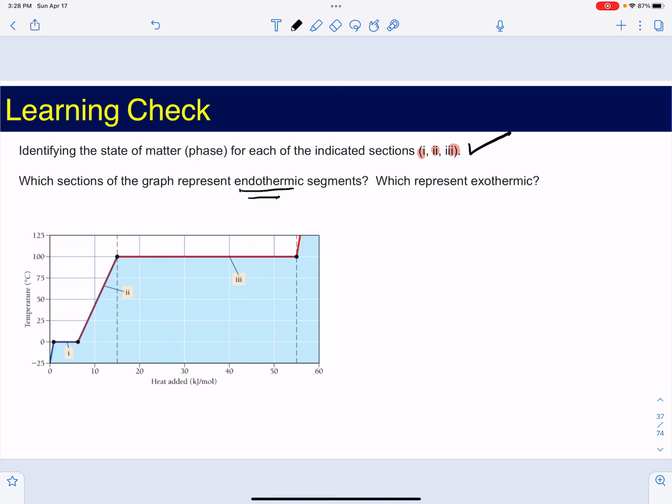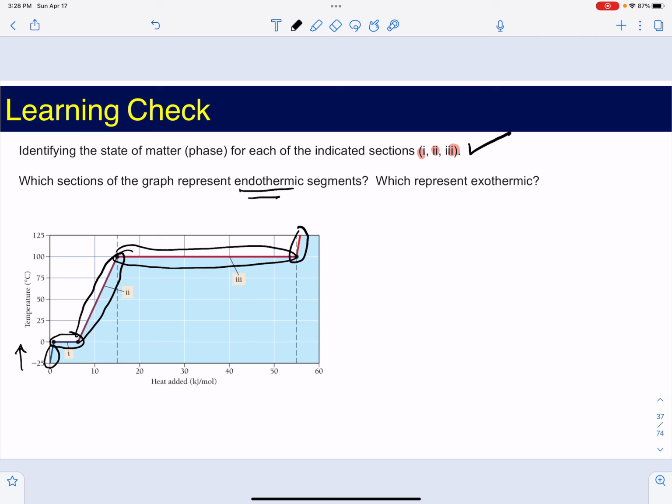That's going to happen when we are warming up something. So going from 25 to 0 would be endothermic. If we are melting something, that's also endothermic. Warming up the liquid, endothermic. Vaporizing the liquid, endothermic. And superheating the gas.